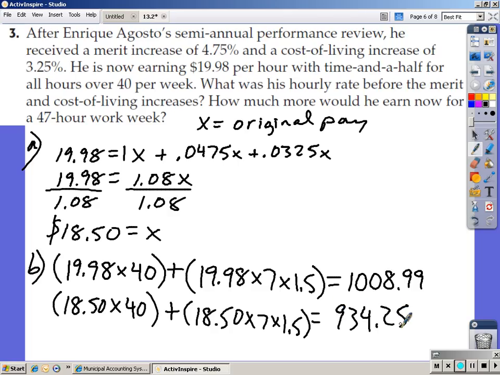All right? Now, if we find the difference between those two, this will tell me how much more I now make after my merit increases. Okay, find the difference. You should come up with $74.74. Okay? Very good.